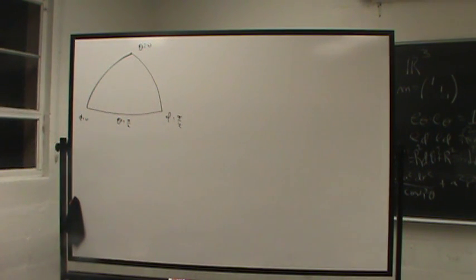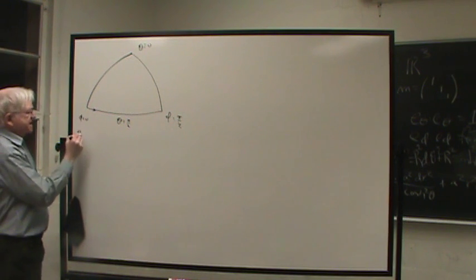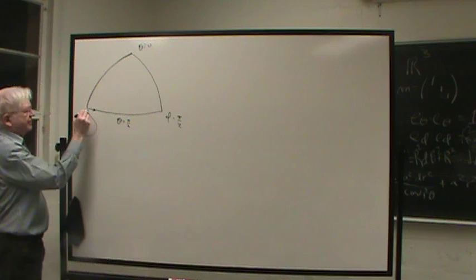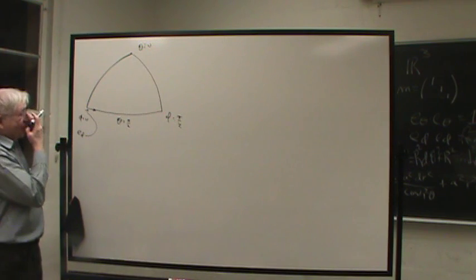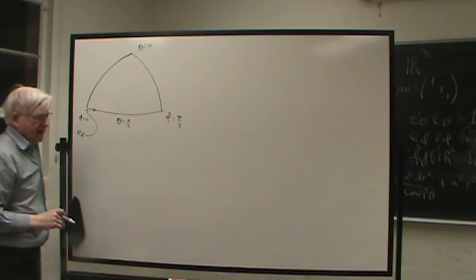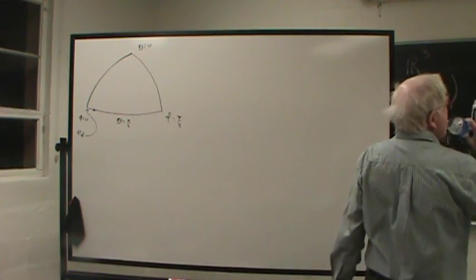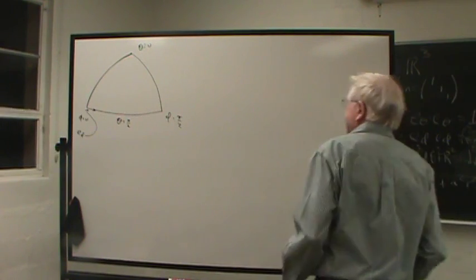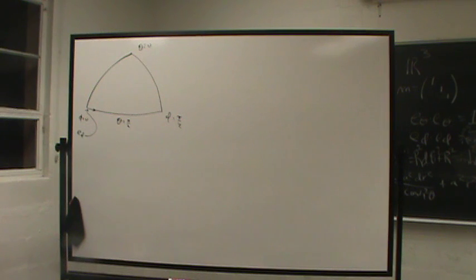Now, here's the cool thing. Suppose you start with a vector that's actually E phi, and you parallel transport it. That means you transport it in such a way that you keep its dot products with the basis vectors or tangent vectors the same.